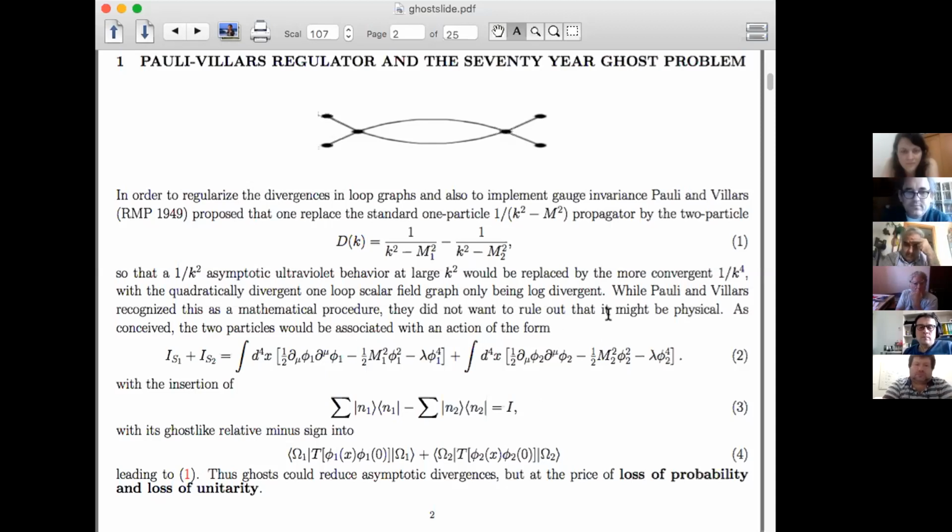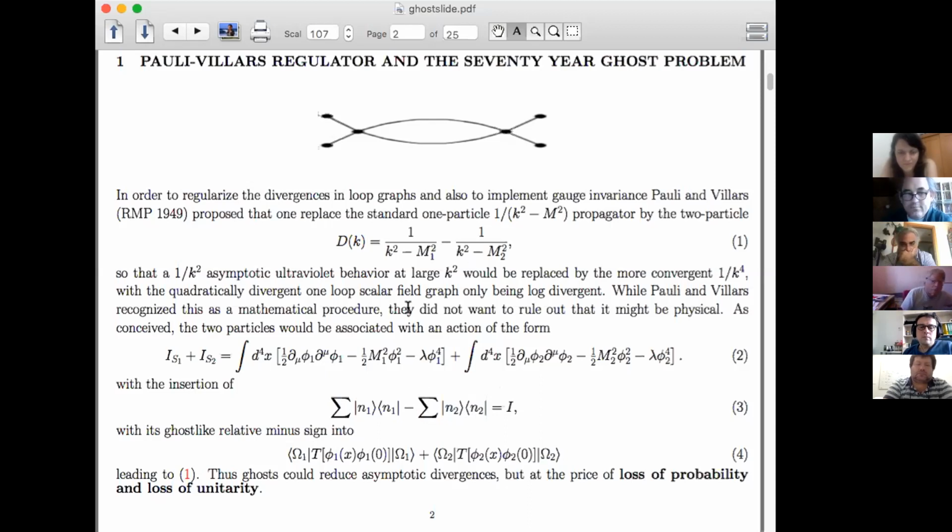Now, if you have this theory, you would have two actions, one to produce the first propagator and the other one to produce the second propagator. But to generate the minus sign, you'd have to introduce a very unusual completeness relation where you have positive norms and then negative norms. If you insert this completeness relation into this 2-point function, you would then obtain this propagator.